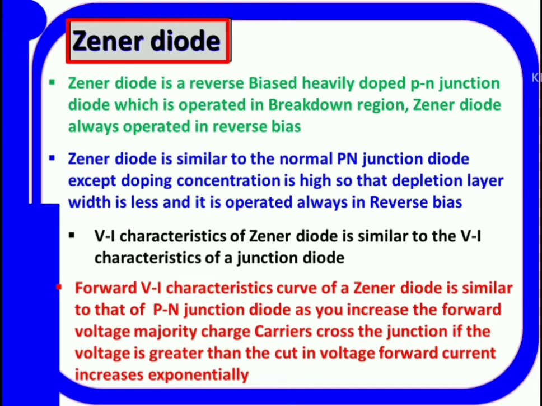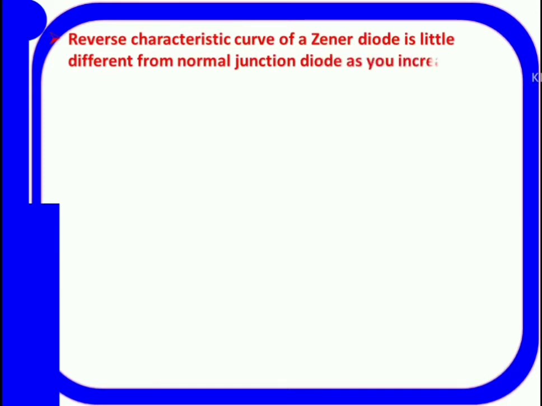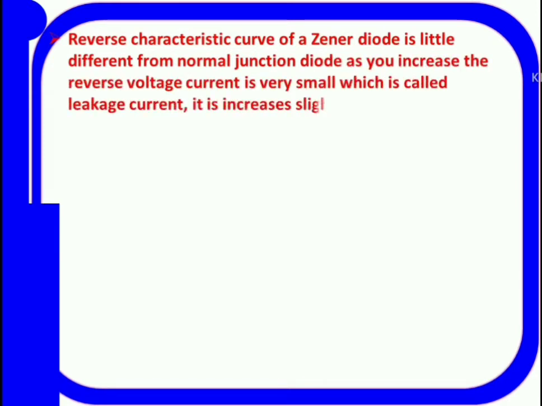The reverse characteristic curve of a Zener diode is a little bit different from the normal diode. As you increase the reverse voltage, all the majority charged carriers move away from the junction, so the current is very small. This small current is called leakage current, which is due to minority charged carriers.